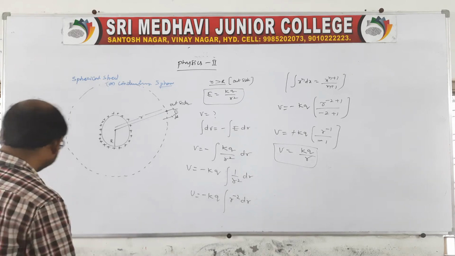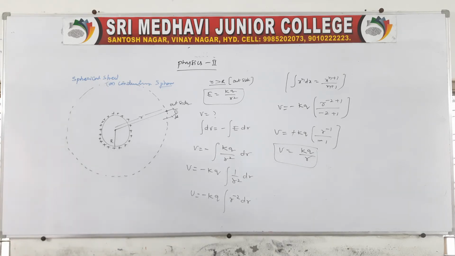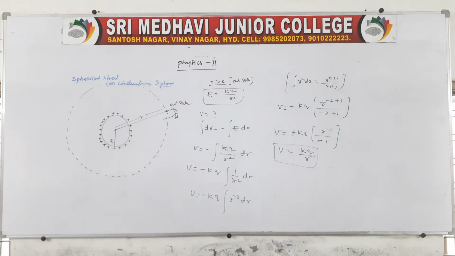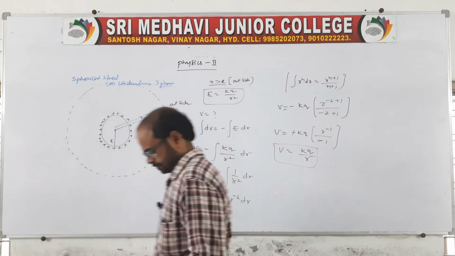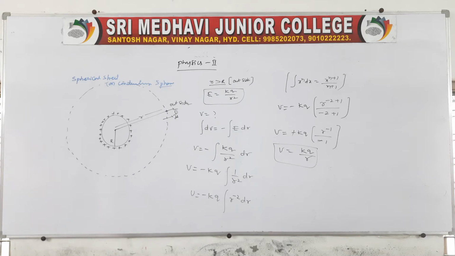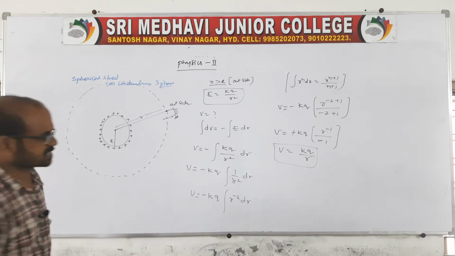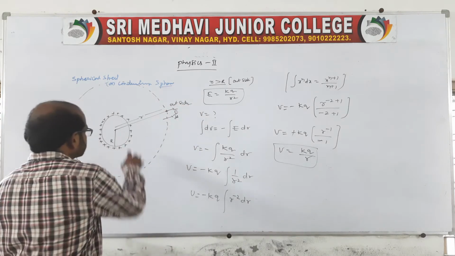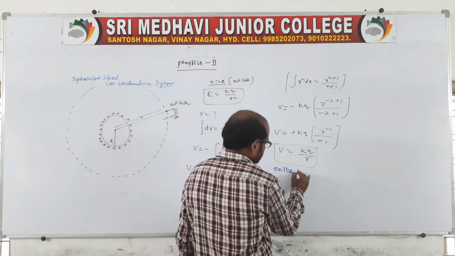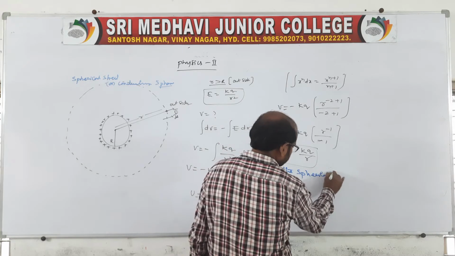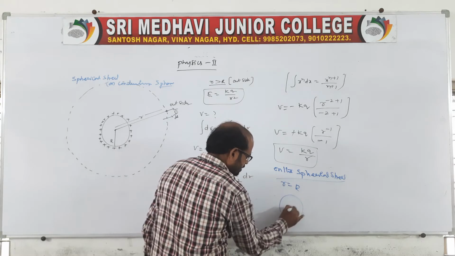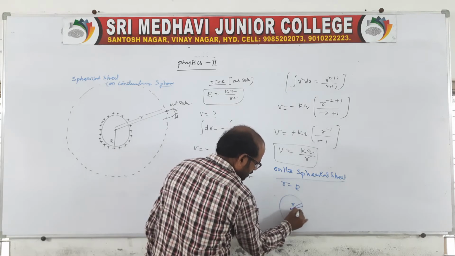Go through the derivation. Suppose the point lies on the spherical shell, that is, small r is equal to capital R, because here the small r and the capital R are equal.